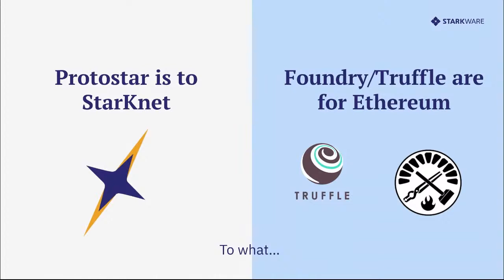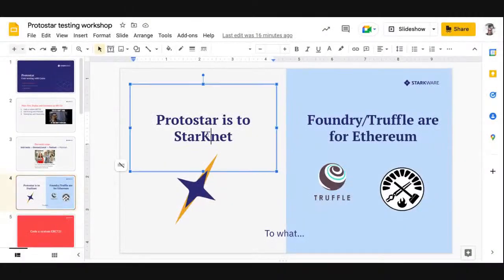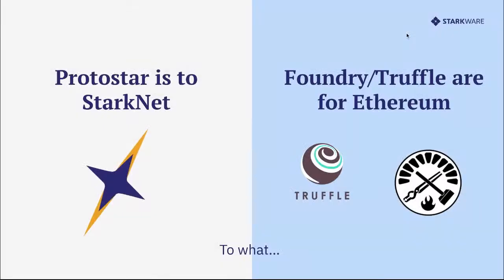So Protostar is, sorry for the stumble there, but Protostar, you can think about it as a combination between Truffle and Foundry for Ethereum. So it has best practices from Truffle and from Foundry. We'll be looking at them. From Foundry, we will be taking the testing part, something that Foundry is very famous for.